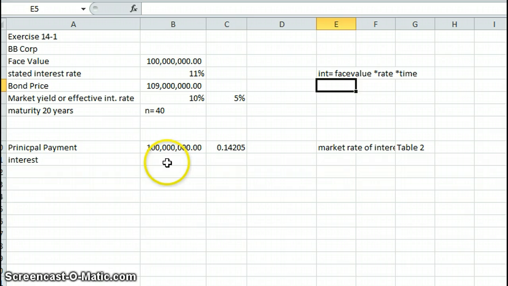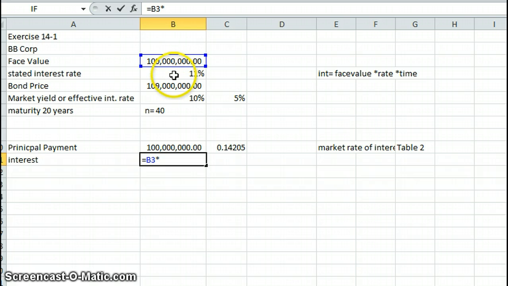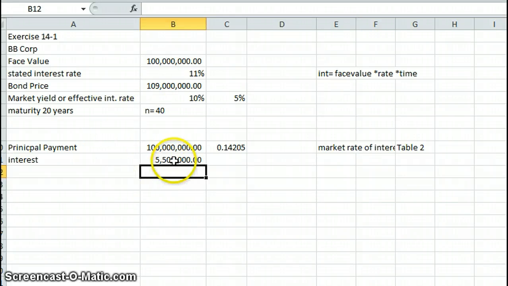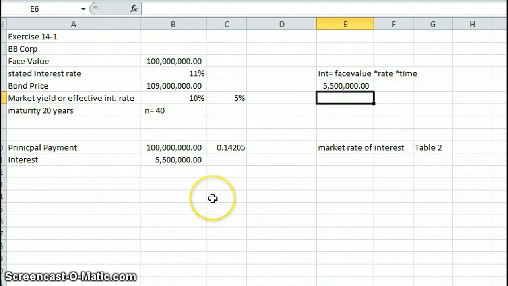So here we would say that $100 million times the stated rate of 11% times 6/12 for time, because you're paid twice a year, so 6 months out of 12 months. And we get the total payment of $5,500,000. That is what you would be paid every 6 months if you held all $100 million worth of the bonds.